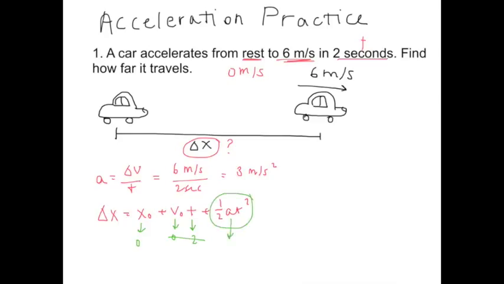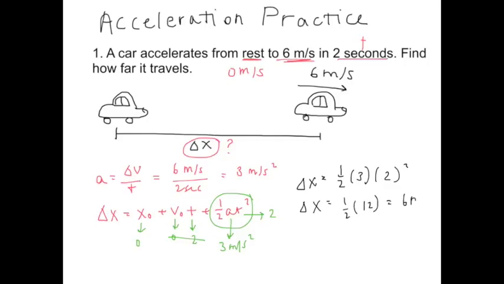We've solved for a, that's 3 meters per second squared, and we know that time is 2. So we have all the variables we're going to need. So now we see delta x equals 1/2 times 3 times 2 squared. And we can simplify that to get delta x equals 1/2 times 12 equals 6 meters.